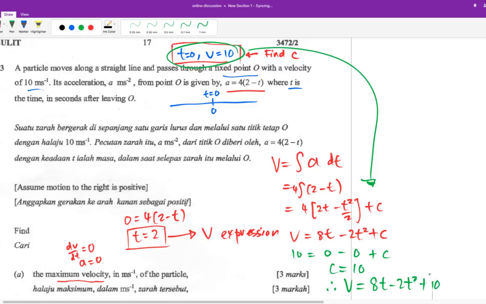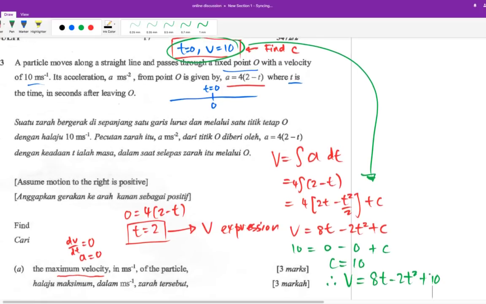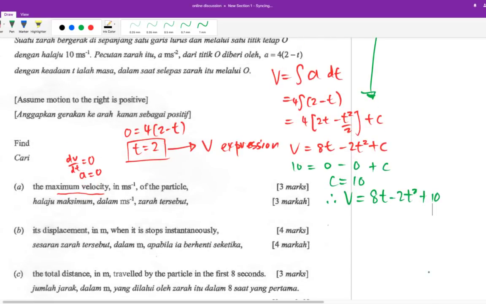And the question asks me to find the maximum velocity, so I will substitute t equals 2 into here. I will have 16 minus 8 plus 10, so my velocity should be 18. Then I follow back the unit, which is meters per second. Alright, this is how you get the 3 marks.